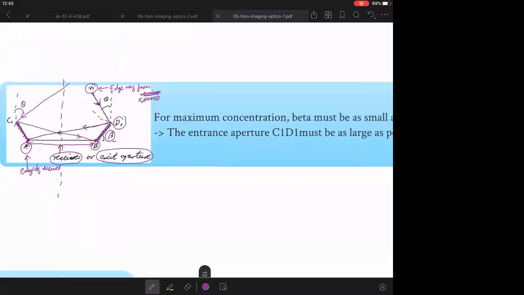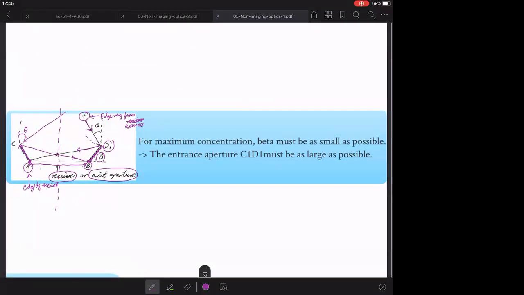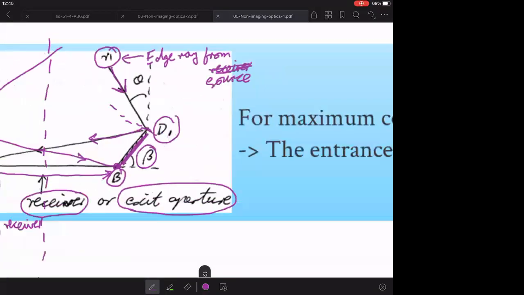So if you want to maximize concentration, what do I have to do? I need to make this theta as large as possible. I need to be able to collect as much light as possible. Another way to say it, this angle beta must be as small as possible.